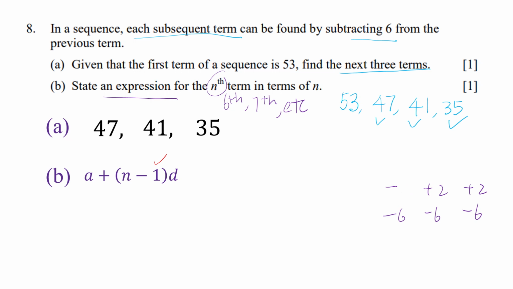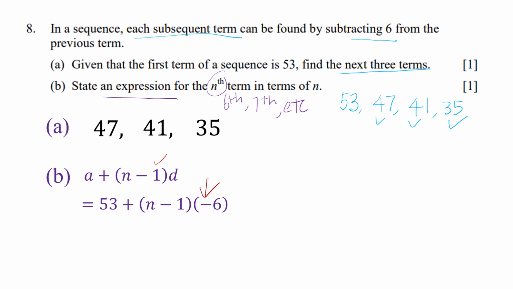Right. So A represents the first term in this case here, which is 53. And D represents the difference between 47 and 41, which is negative 6. Because 47 minus 6 is 41. So your D has to be negative 6. This is very important.